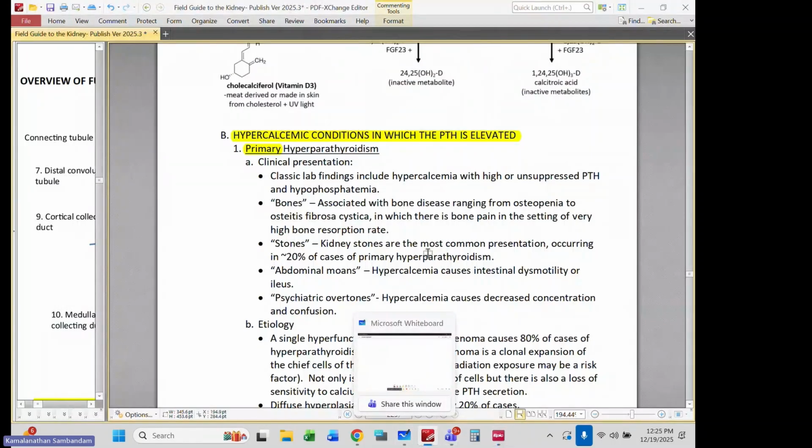Okay. All right. So hypercalcemia, again, has PTH elevation, which is inappropriate. So let's talk about, again, that calcium sensing receptor. If I'm a cell in the parathyroid gland, one of my main roles is to regulate calcium, and I do that through expressing calcium sensing receptor.